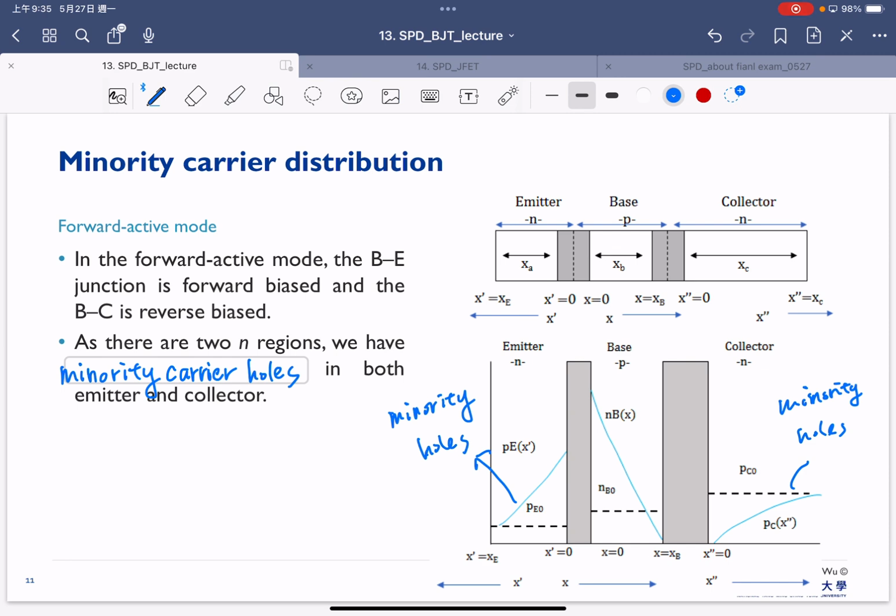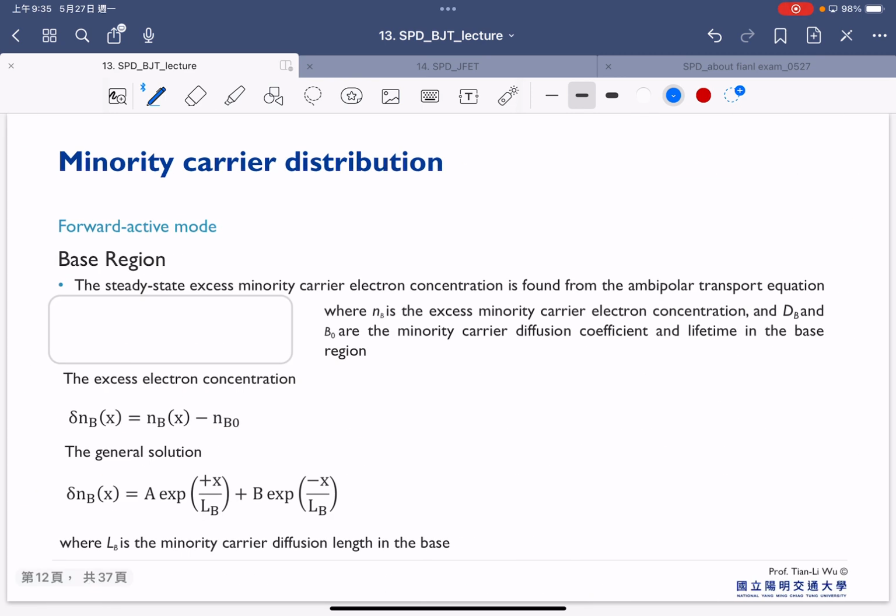And in the base region, the steady state excess minority carrier electron concentration is found from the ambipolar transport equation. Basically, we can use a similar equation to the one we derived before, and consider it in the case of the base region, as shown here.